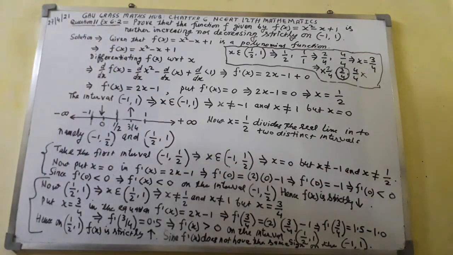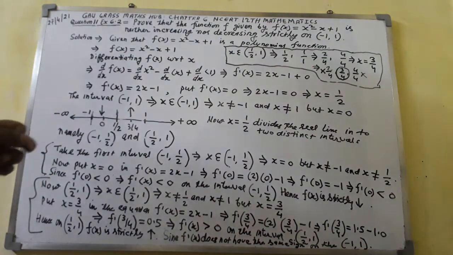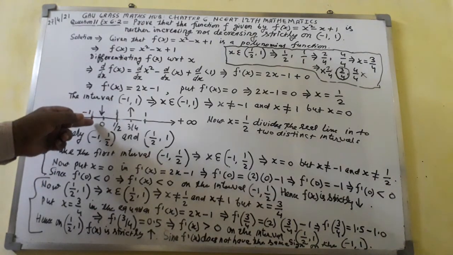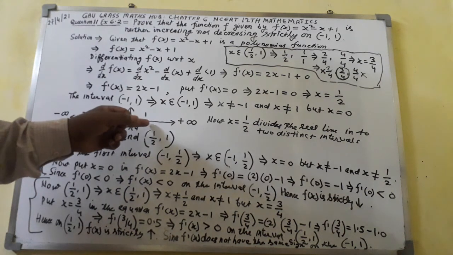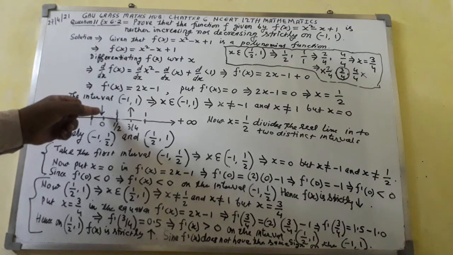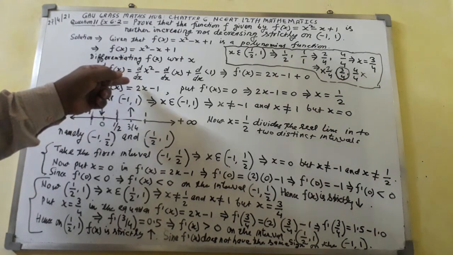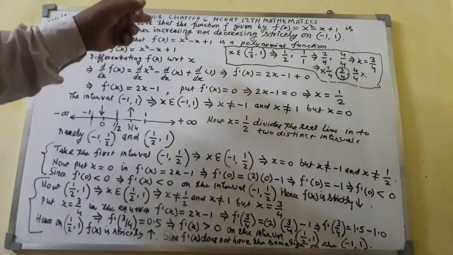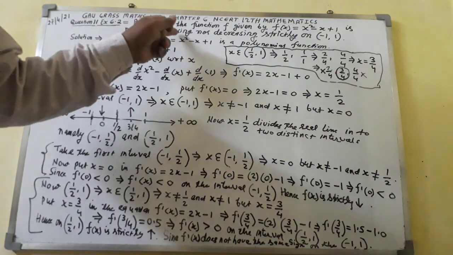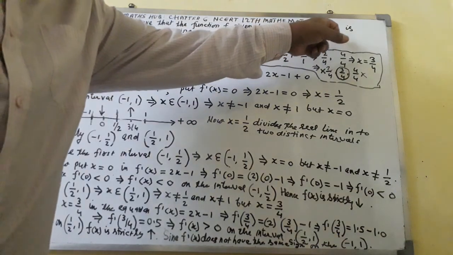So here you can see on the open interval -1 comma 1, f dash x does not have the same sign. Here strictly decreasing, here strictly increasing. That's why f of x is neither strictly increasing nor strictly decreasing on the open interval -1 comma 1.